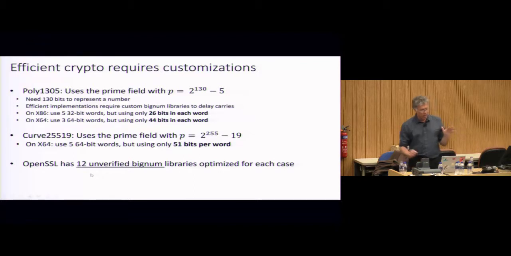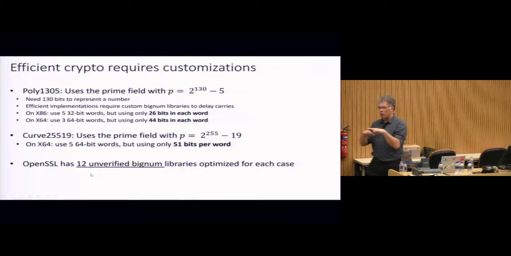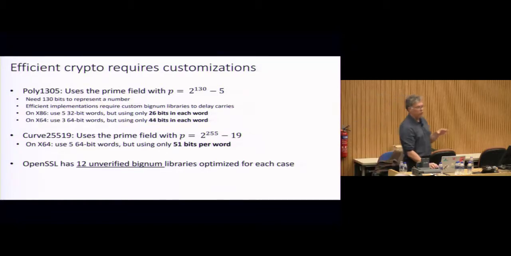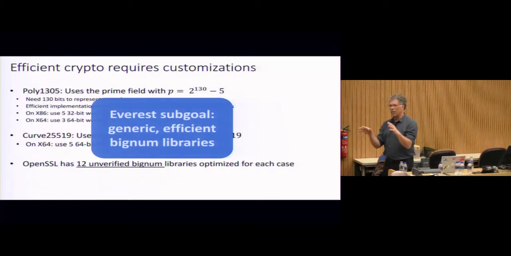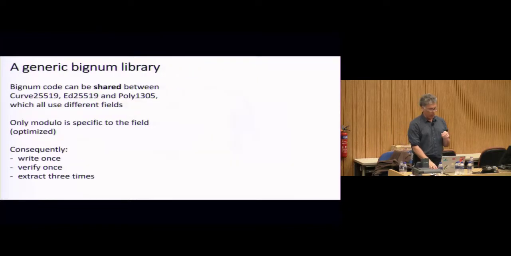So OpenSSL, if you look into it, because of all these different cryptography primitives, has 12 unverified bignum libraries. Just representing numbers larger than fit in a word, you already have 12 different options to choose from. So let's go down and say, first things first, let's have generic efficient bignum libraries.